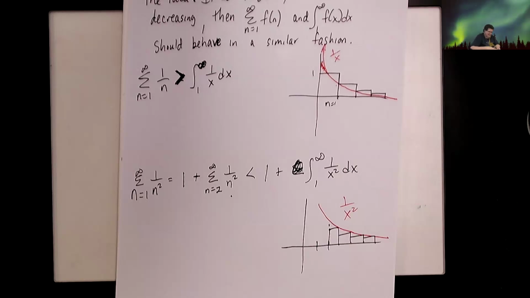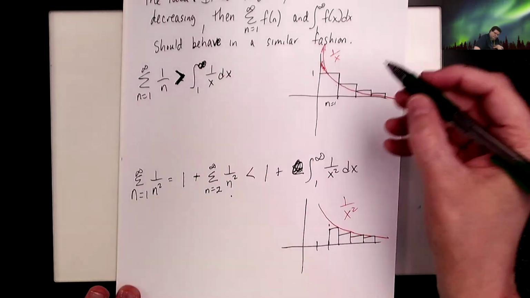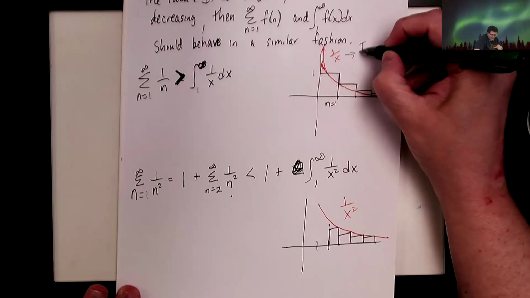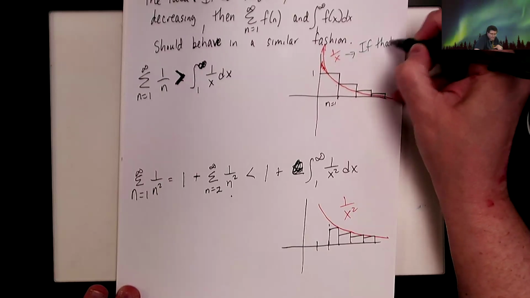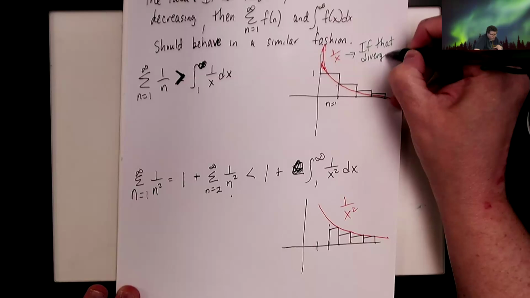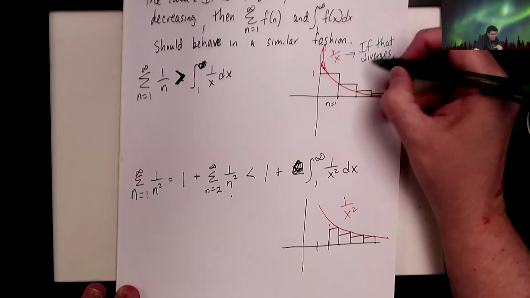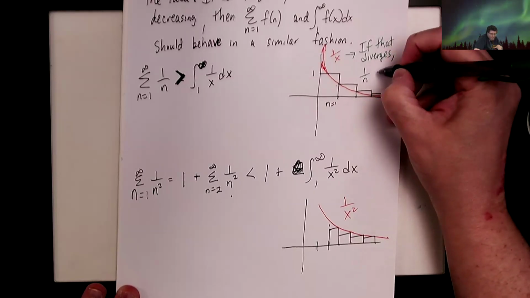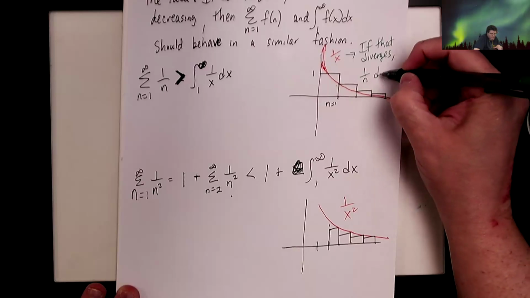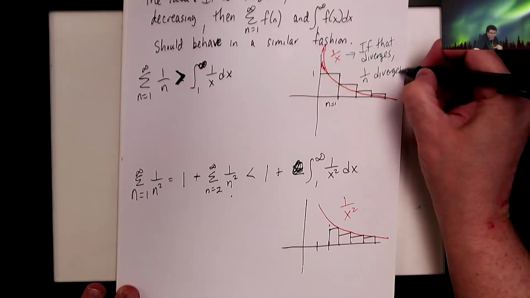And so if this diverges, if that diverges, then 1/n should also diverge because it's bigger, right?